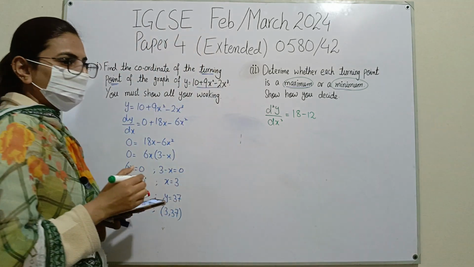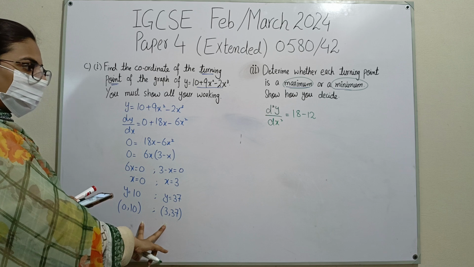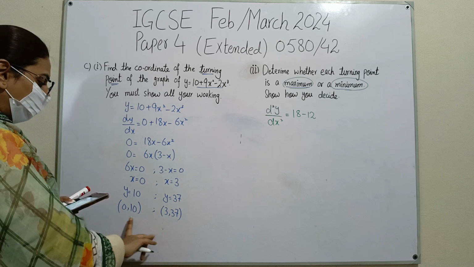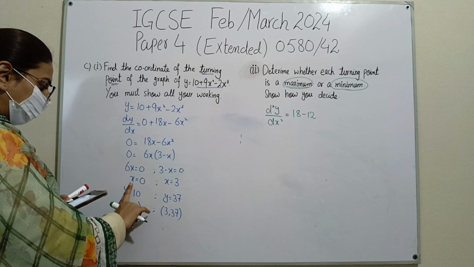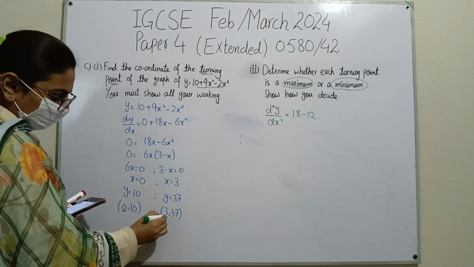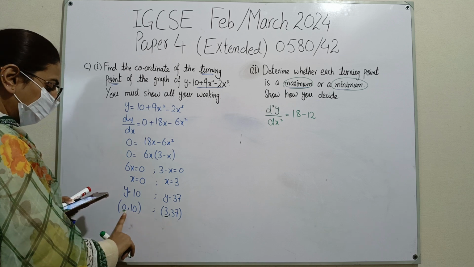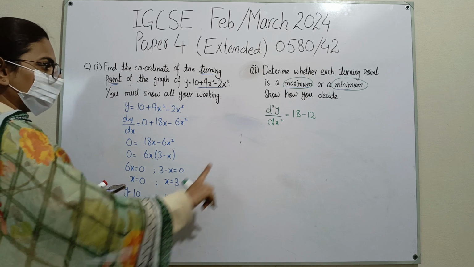Now you have to decide whether these two points are maximum or minimum. The simple approach is to put the value of x, here it is 0 while here it is 3, into this expression.